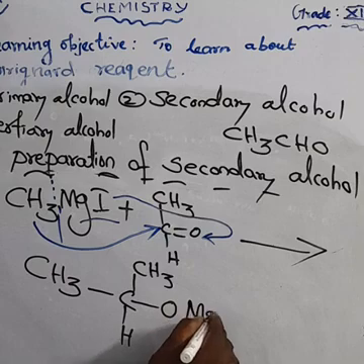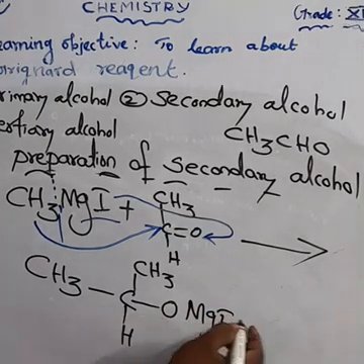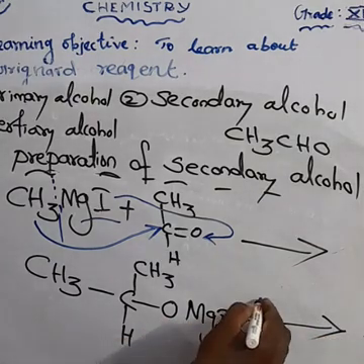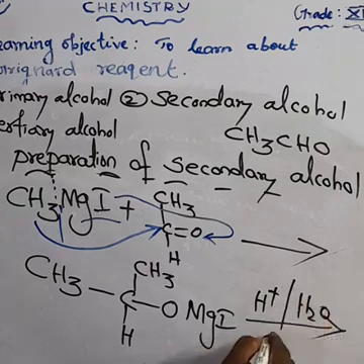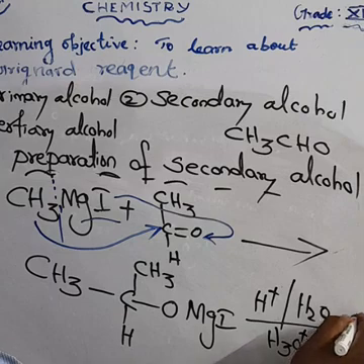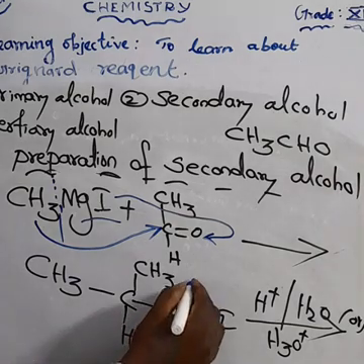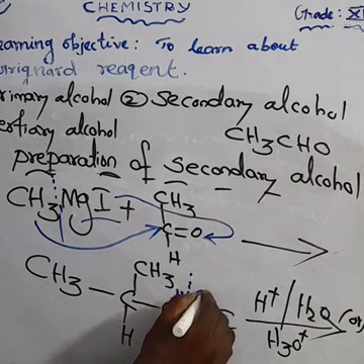MgI. Okay, this undergoes acid hydrolysis. That is H plus and water, or H3O plus. So acidified water. What's the formula for water? H2O, can be written as HOH.